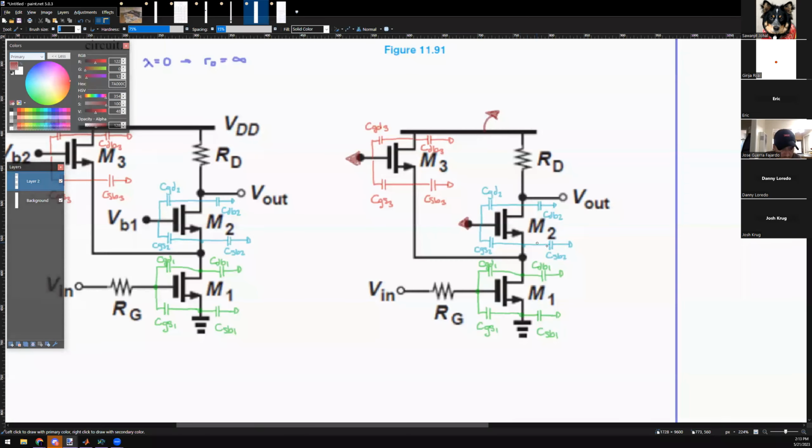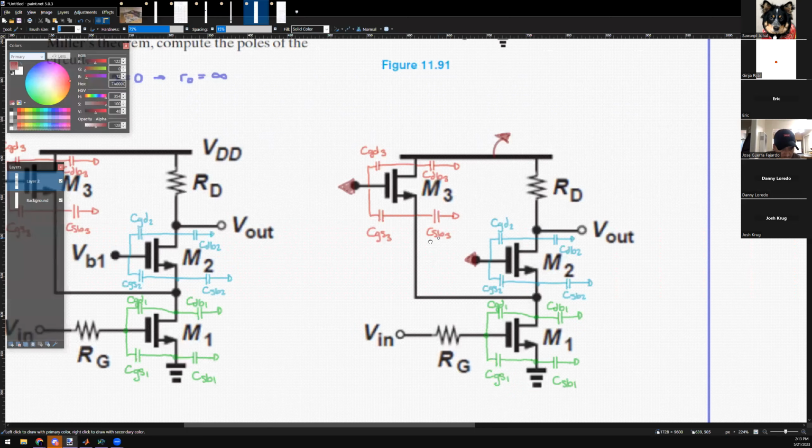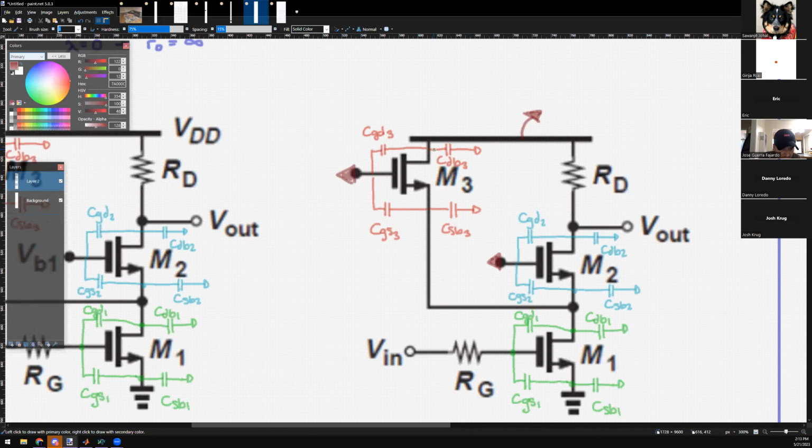Okay. All right. So now you can eliminate capacitors that are terminated with the same AC ground on both sides. For example, the drain bulk has ground on the right and ground on the left. Therefore, this one doesn't matter. Also, the CGD3 is completely out as well. Correct.